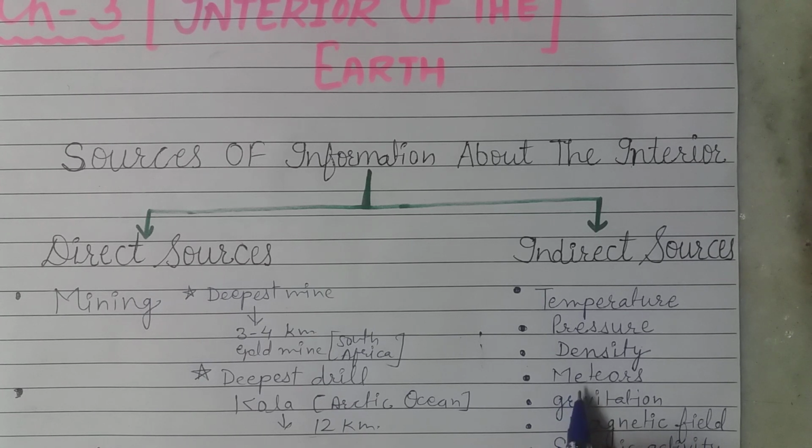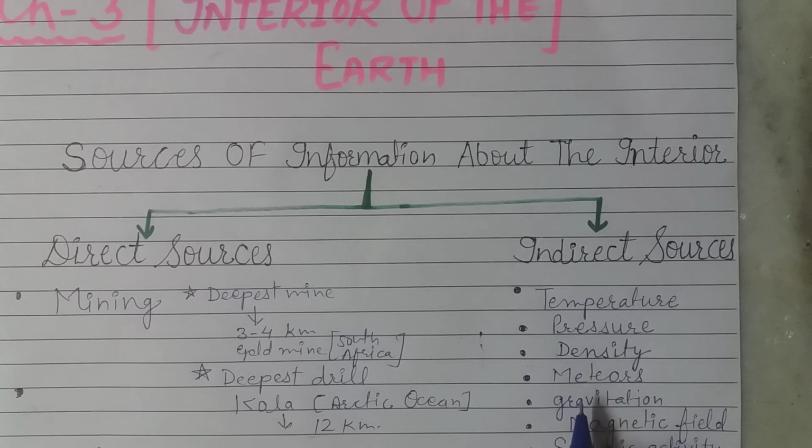So by getting information about the material of these meteors, we also know about the interior of the Earth. The material and structure observed in meteors are similar to the Earth. They are solid bodies developed out of material the same as or similar to our planet. Hence this becomes yet another source of information about the interior of the Earth.